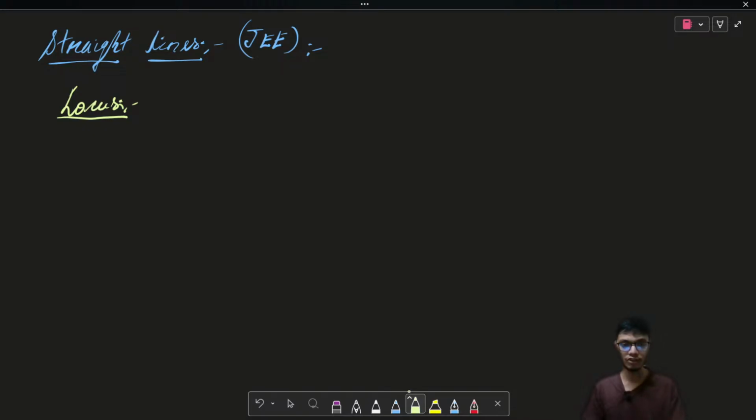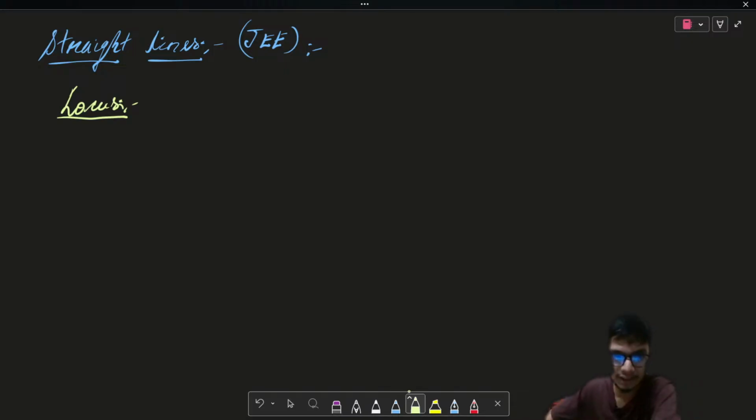Now, what is this particular concept of locus? Let us try to understand. So this word locus actually means the equation of the curve which is moving under a certain condition, or maybe from a given point, or maybe from a given condition, right?